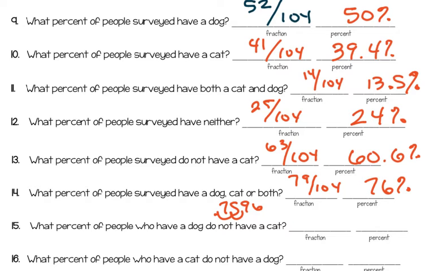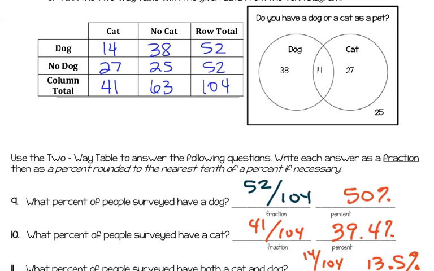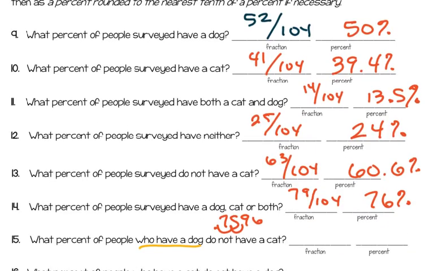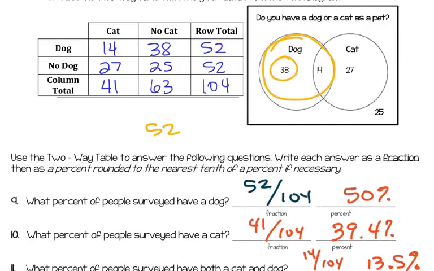Okay, the next one is a little bit different, and this one could be tricky. It says not what percent of people surveyed, but what percent of people who have a dog. So I'm only looking at the people that have a dog, out of a total of 52 people. Out of the people that have a dog, how many of them do not have a cat? 38 out of 52.